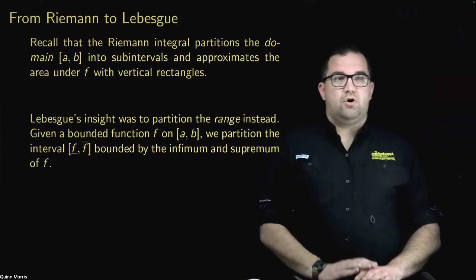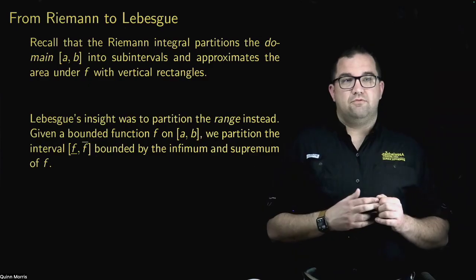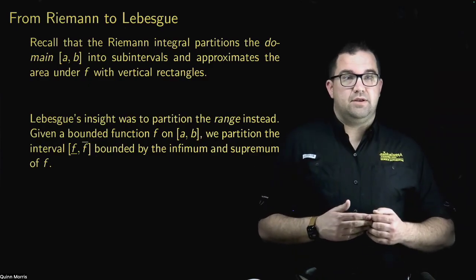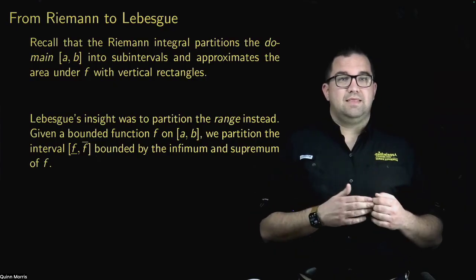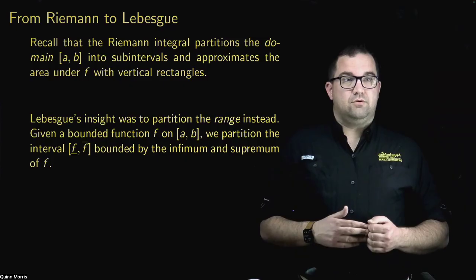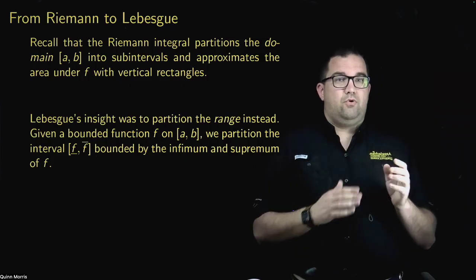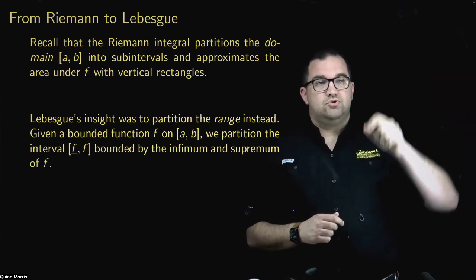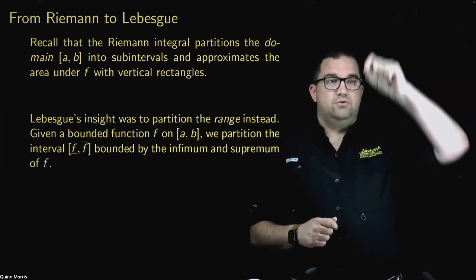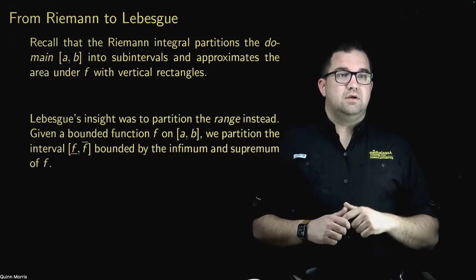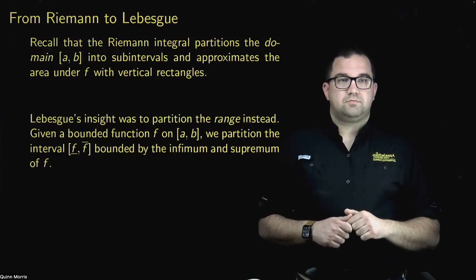So to begin, recall that the fundamental idea of the Riemann integral was to partition the domain into subintervals and approximate the area under that curve f with vertical rectangles. So we would partition our interval [a, b] into a number of small widths, and then we would draw these rectangles whose heights were the function values at some sample points chosen from that partition.